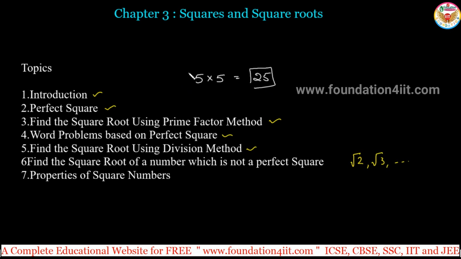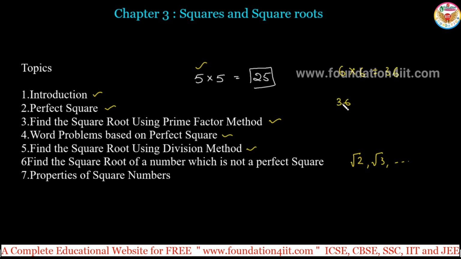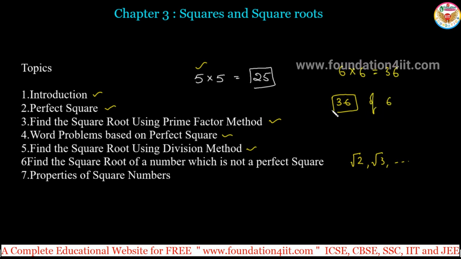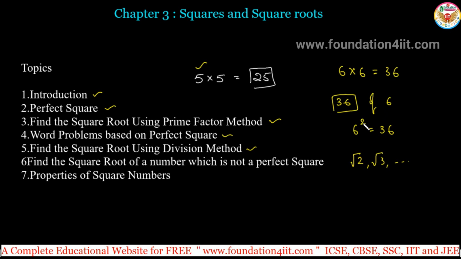So 25 is the square of 5. Same, 6 into 6 is 36, so 36 is the square of 6. We can write this as 6 square is equal to 36, but we can read it as 6 raised to the power 2.